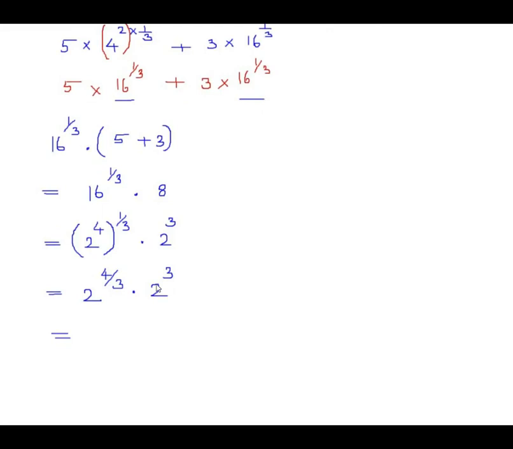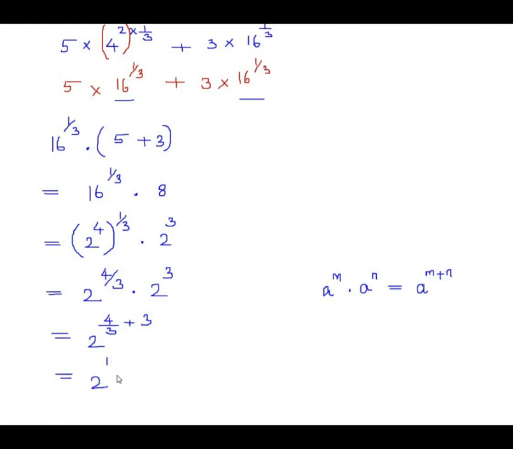And using the law of indices, that is a to the power of m times a to the power of n, as we know, we have to add the powers. So we have to write here as 2 raised to the power of 4 over 3 plus 3. So that gives us 2 to the power of 4 plus 9, which is 13 over 3.